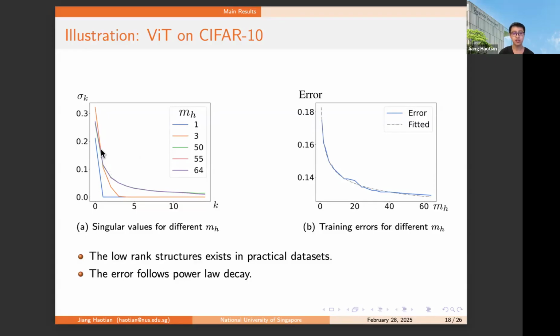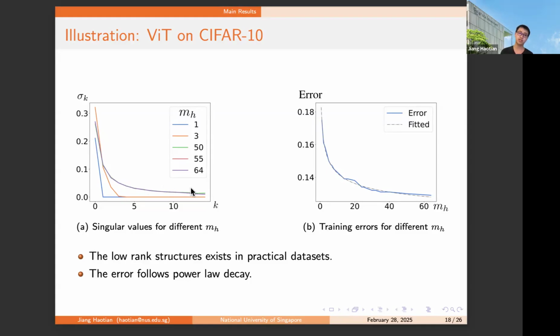We want to see whether the singular value decaying pattern converges to some fixed pattern. For different M_H, we increase the attention size from 1 to 64, and on this plot we show all the singular values of the attention matrix. When we increase the size of the model, the singular value decaying pattern converges.